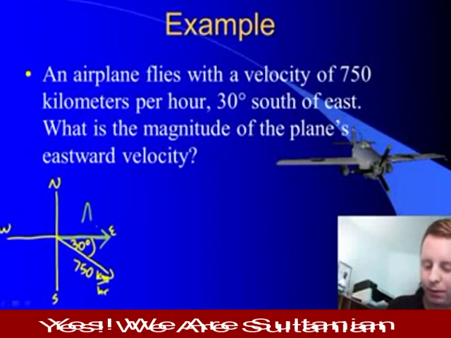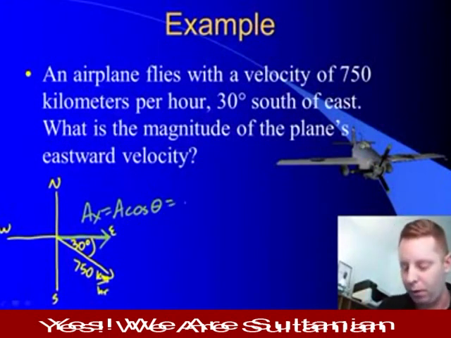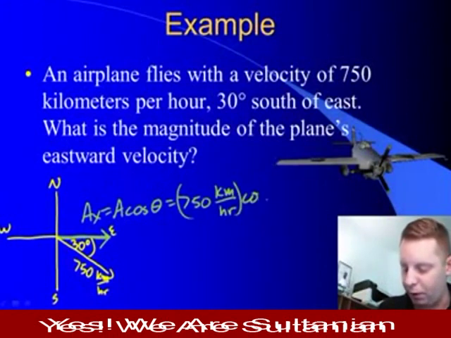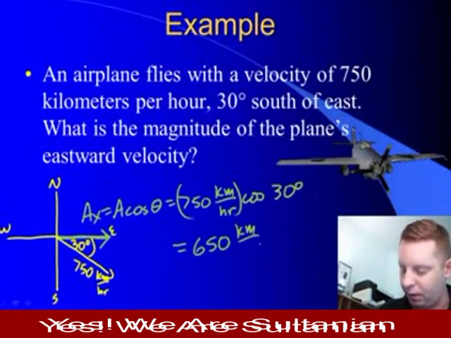So we're looking for ax, which must be a cosine theta, because that's the adjacent side of our triangle, or 750 kilometers per hour times the cosine of 30 degrees. Plug that into my calculator. Should get something close to 650 kilometers per hour.